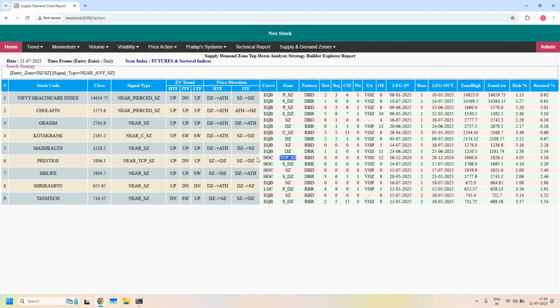Prestige is having a daily high liquidity supply zone. It is also having a daily high liquidity demand zone. Because both zones are high liquidity, this is a special scenario. In such a scenario, you may get a trade opportunity on either side. That is the advantage you are having. Anyway, it is a stock near the daily supply zone. That's it. We identified two daily high liquidity supply zones from this list.